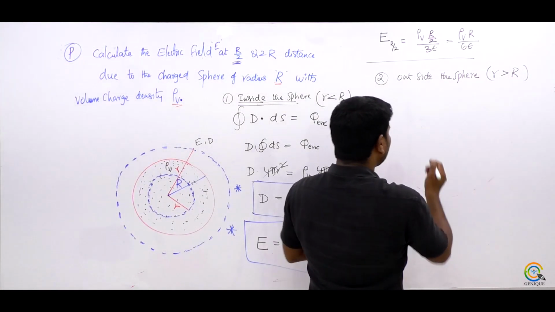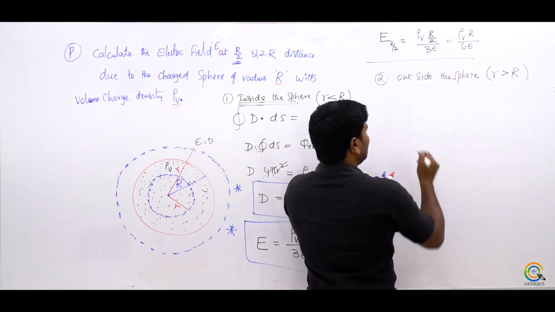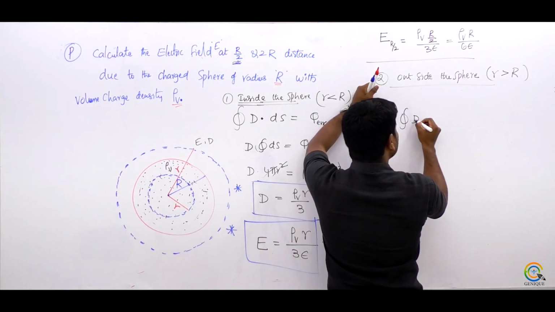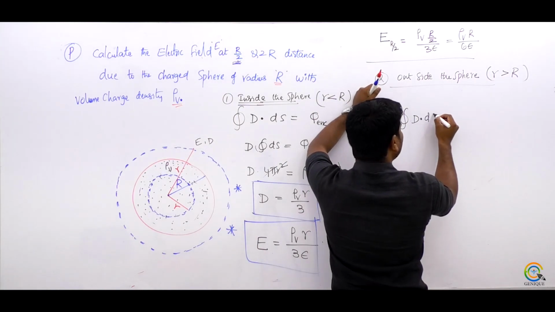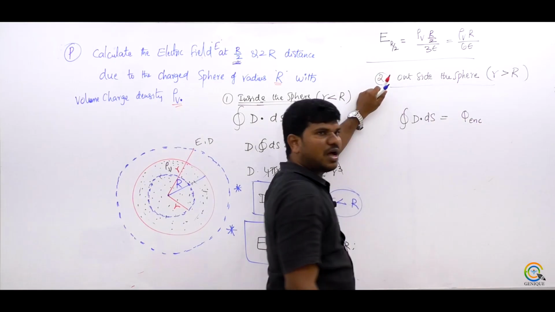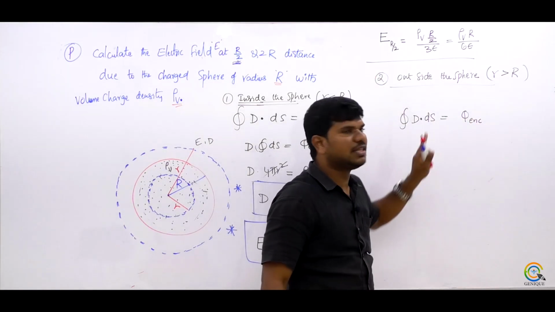Now apply the Gauss law. What is the Gauss law saying? Closed surface integral D dot dS is equal to charge enclosed, or Q enclosed in the volume.